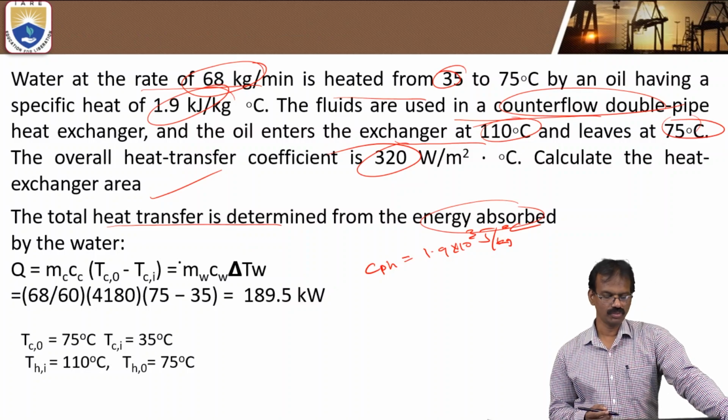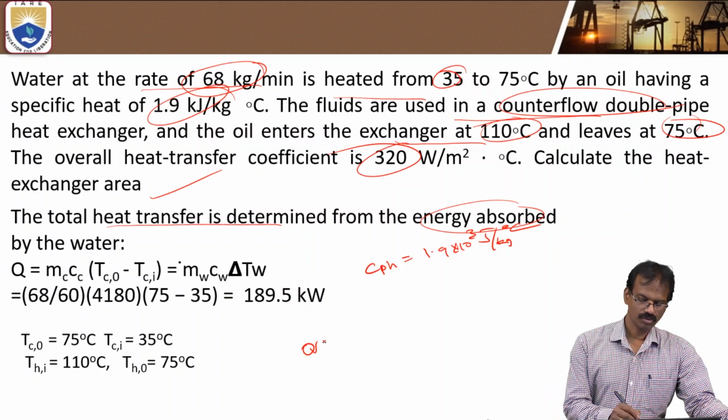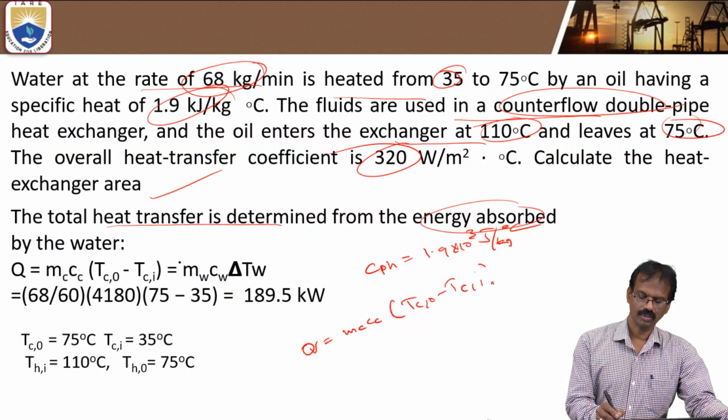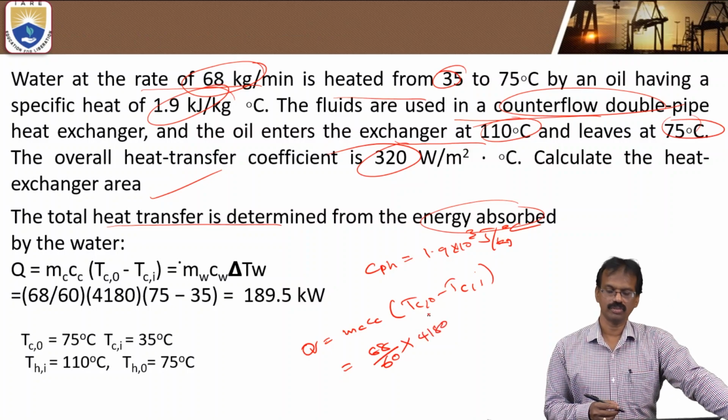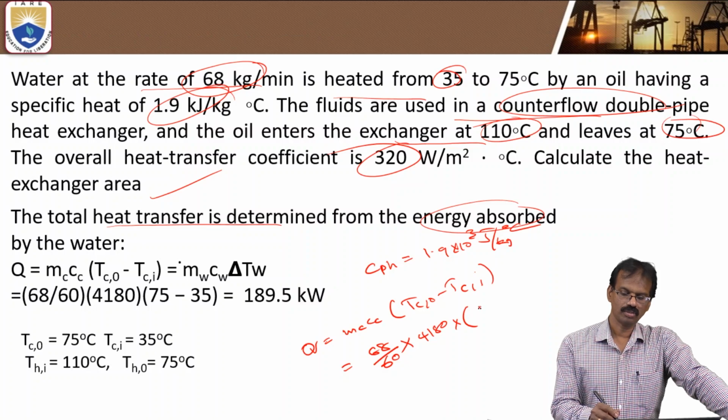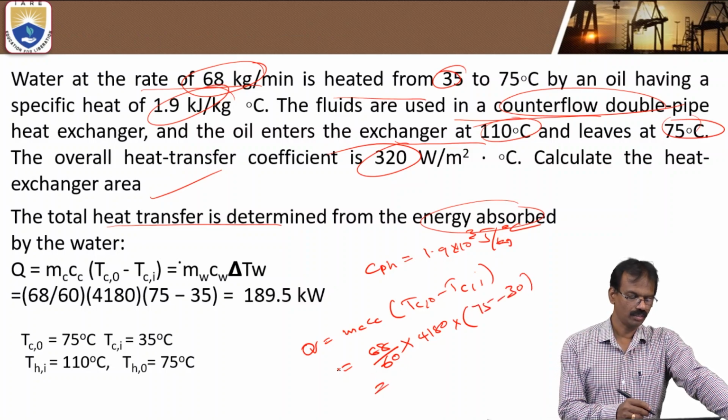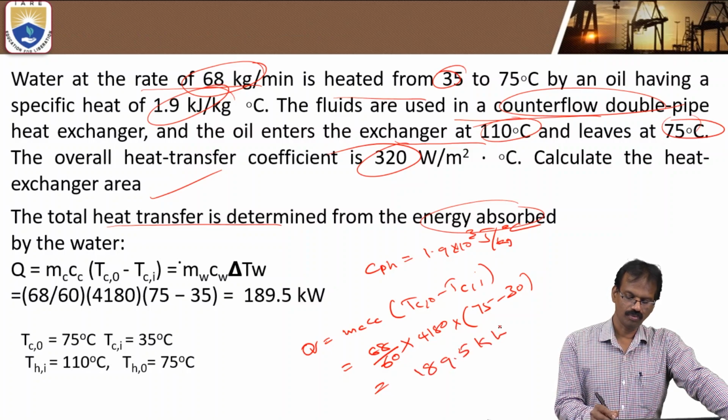Energy equation, we know this one: Q is equal to mc Cc into (Tc out minus Tc in). So mc, mass flow rate of the water, is 68 by 60, into Cc, specific heat of water, 4180, into (75 minus 35). If you solve this one, you will get the Q value, that is 189.5 kilowatts.